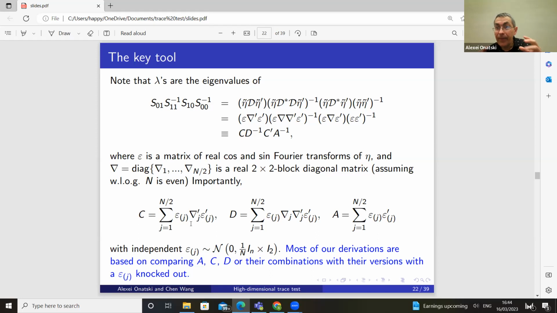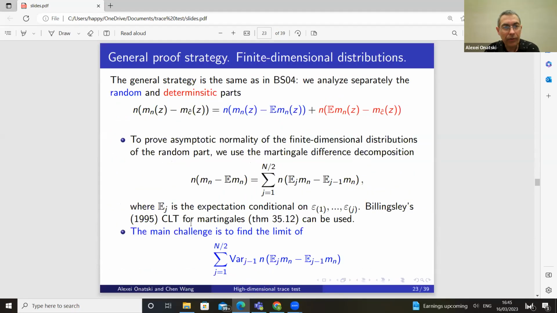But this comparison ultimately leads to some equations which describe the behavior of all objects of interest for me, including the Stieltjes transform. So the main tool which I'm using is knocking out epsilon one by one and comparing the transformed thing with the original one. So that's the tool, but I'm not telling you exactly what I'm doing. So what exactly am I doing? The following thing.